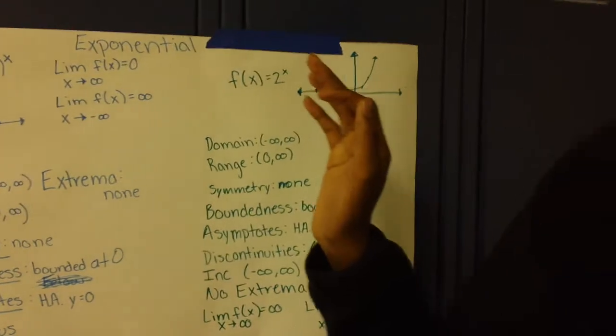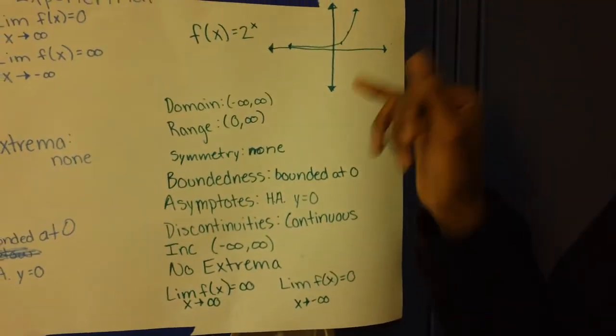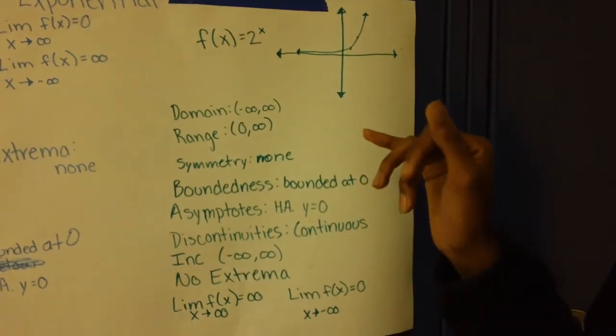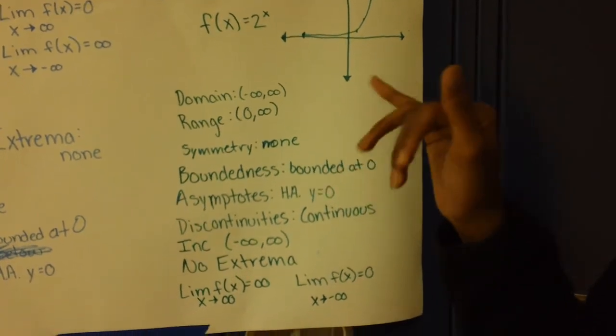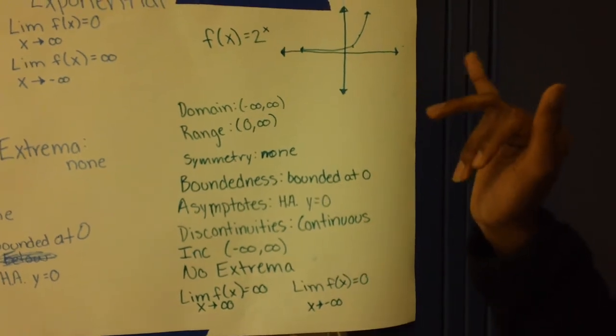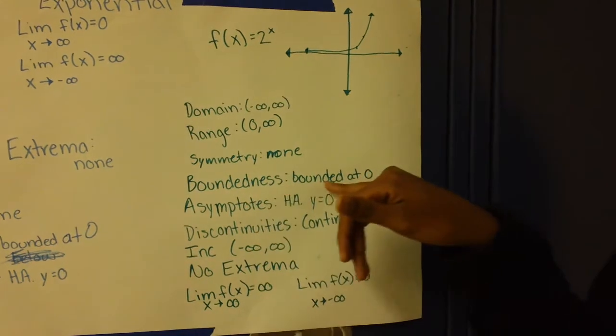Do you want me to do both? The next one is f of x is 2 to the x power. The domain is negative infinity to infinity. The range is 0 to infinity. There's no symmetry or extrema. It's bounded below.